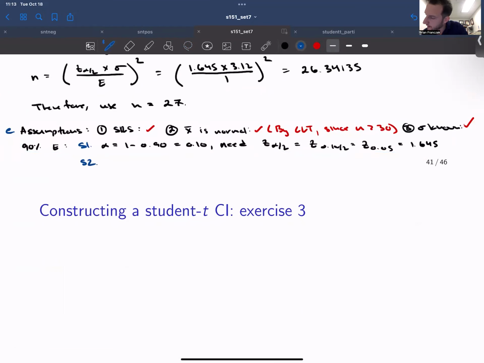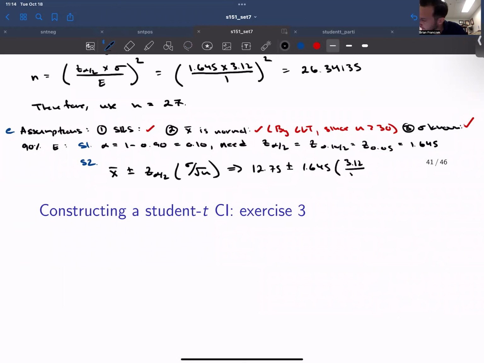The only thing that's changing for us is the step 2 values. So we're going to have X bar plus or minus Z alpha over 2 times sigma divided by the square root of n. Okay, so this is going to be 12.75 plus or minus 1.645 multiplied by 3.12 divided by the square root of 27.